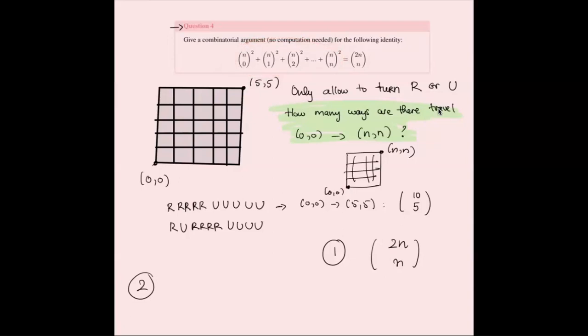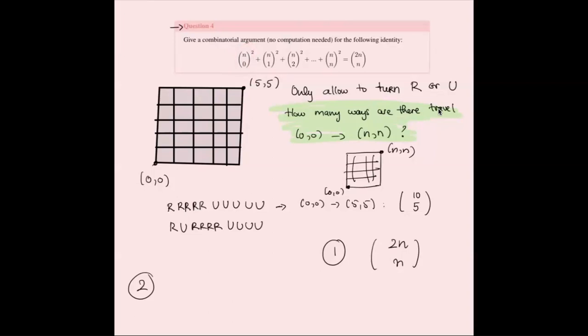It suggests that we are dealing with the sum rule or addition rule, which means each of the numbers here counts some cases that are disjoint. I broke my problem of traveling from 0, 0 to n down into a bunch of disjoint cases. And for each case, this is the number of ways that you can complete that case.